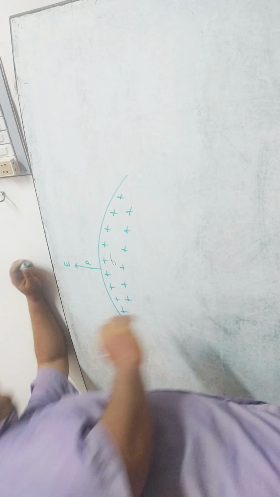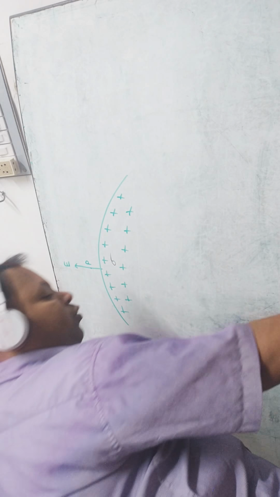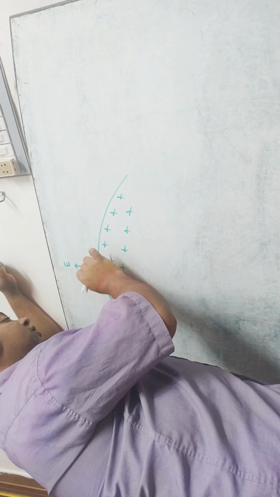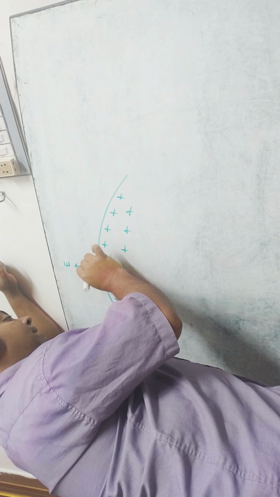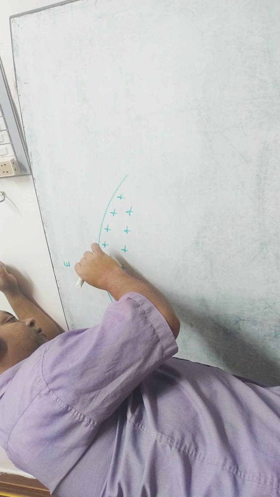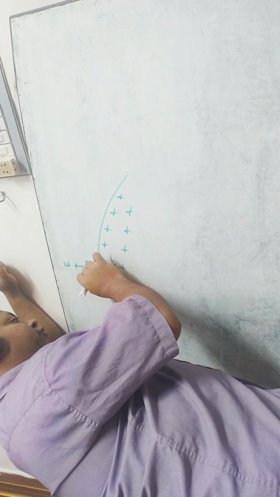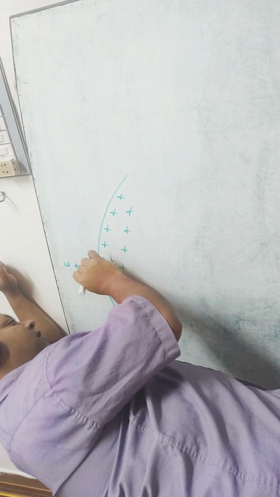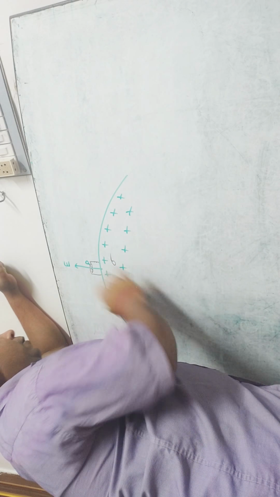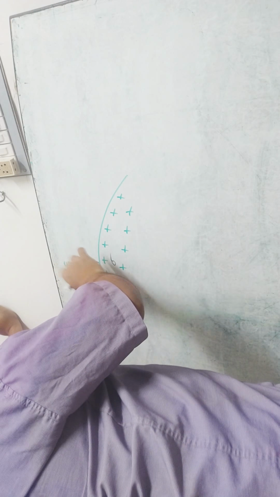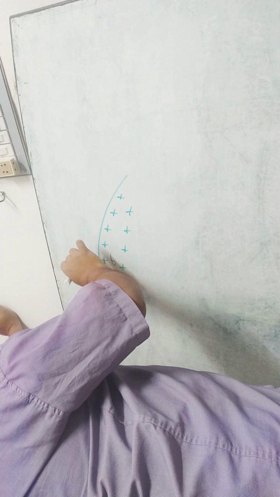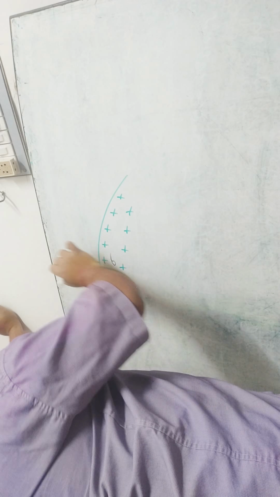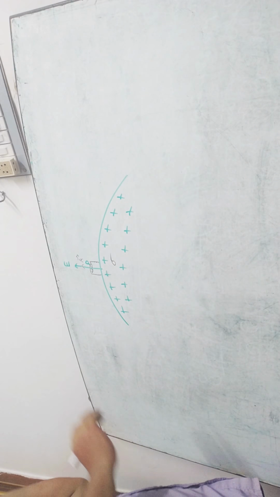Now we can consider a small cylinder whose area of cross section is A, and its area vector acts along the direction of the E vector.